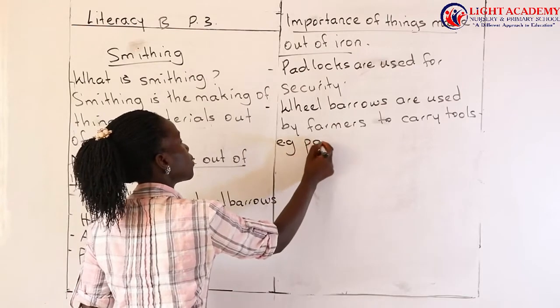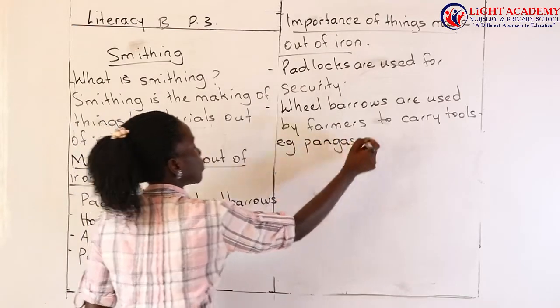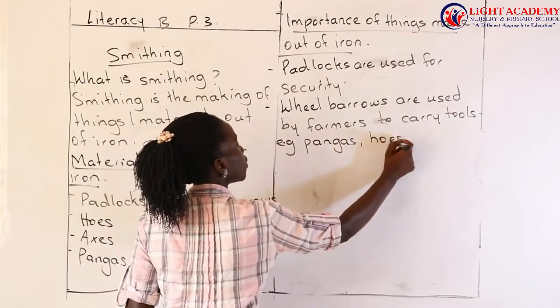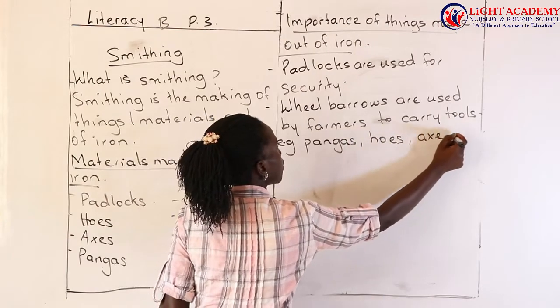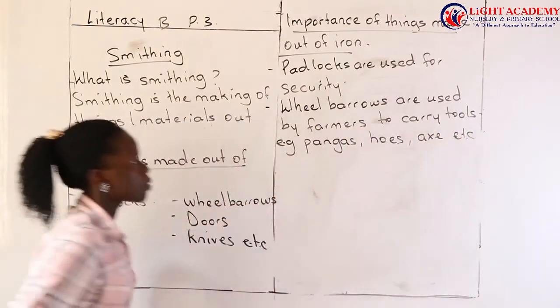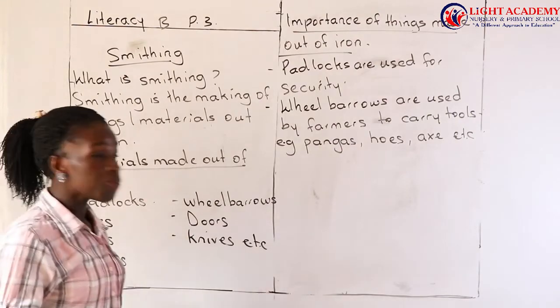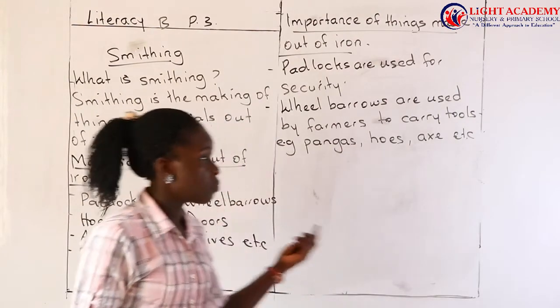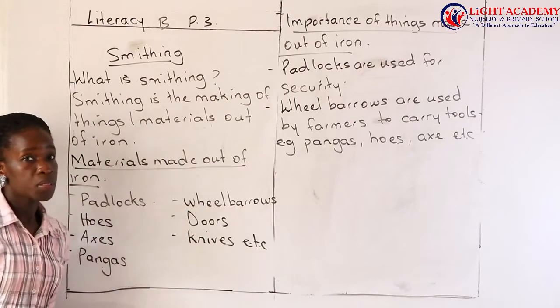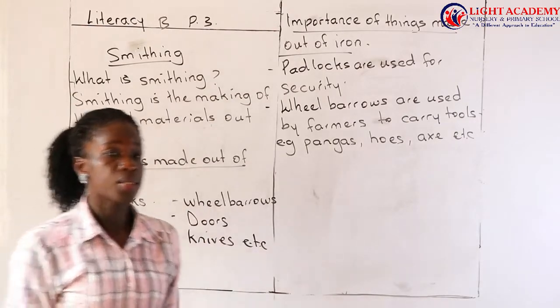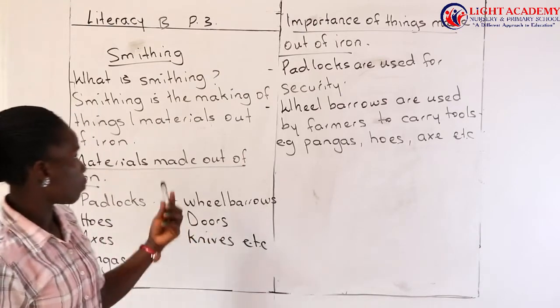The pangas, the hoes, the axe, and other tools. Even builders and other people use the wheelbarrow to carry their things. For example, builders carry cement and sand using wheelbarrows.